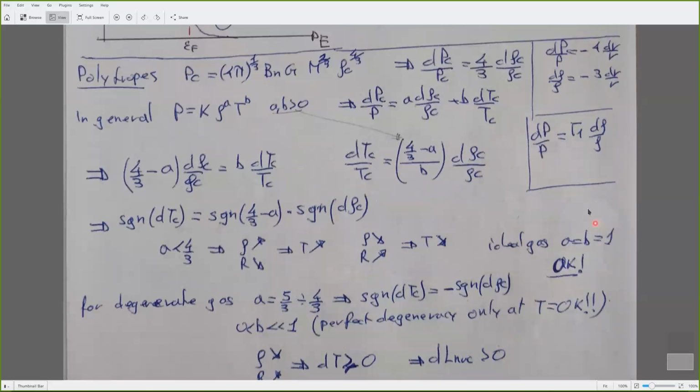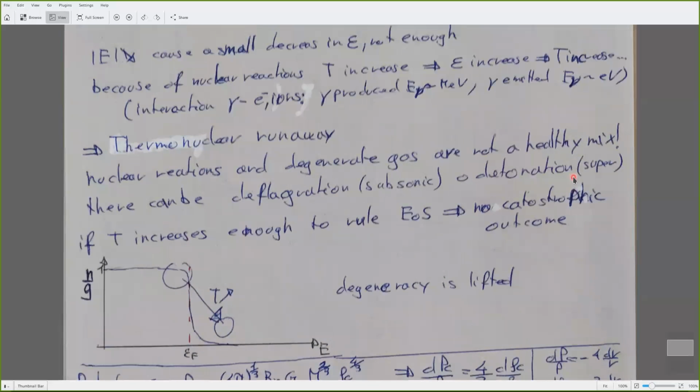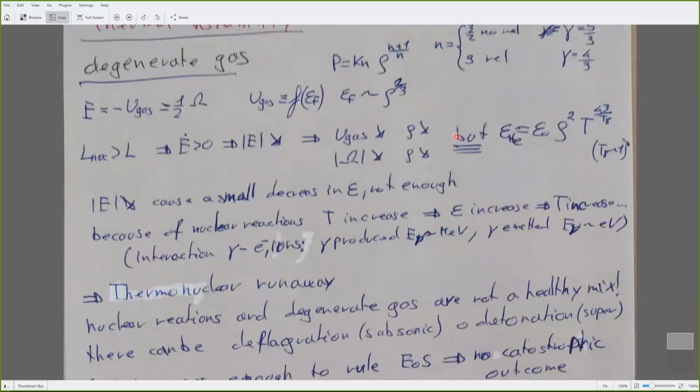This is because, as we said, we essentially have helium burning, carbon burning, and so on. Hydrogen burning can be nearby, but anyway it has less dependency on density.